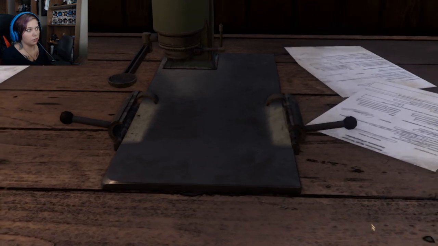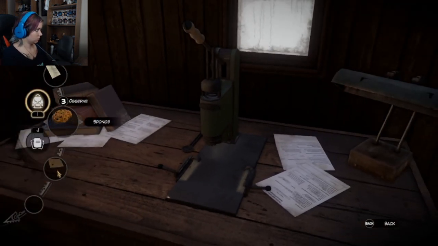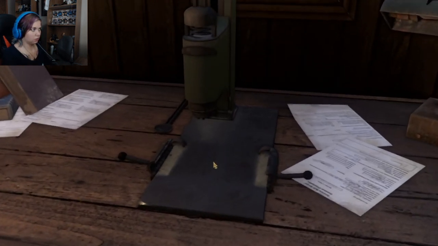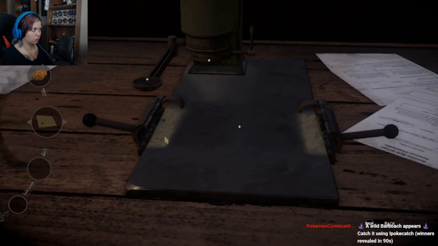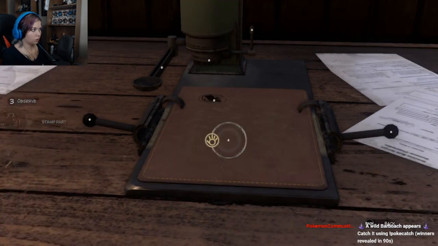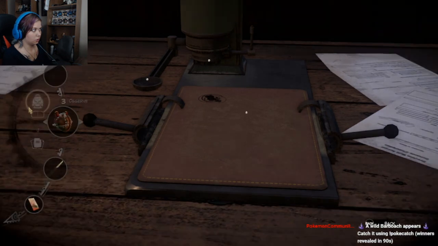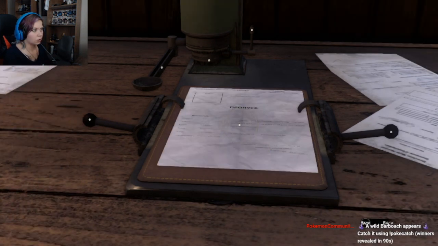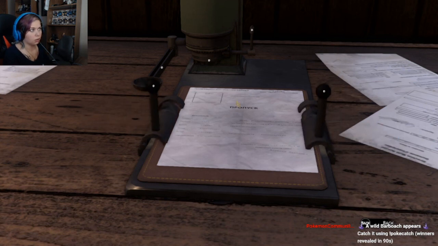Oh, that holds it in place. So then... Stamp part? Huh? Not a chance. Okay. Lock it down.